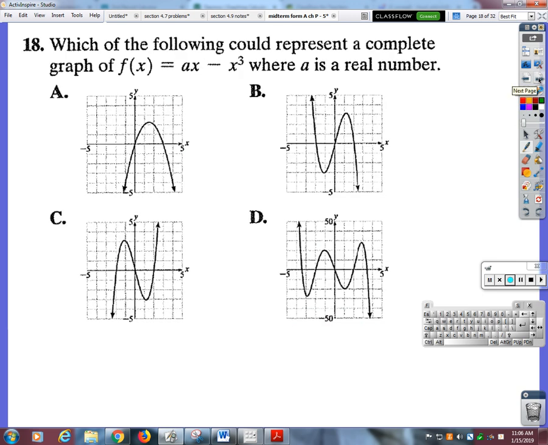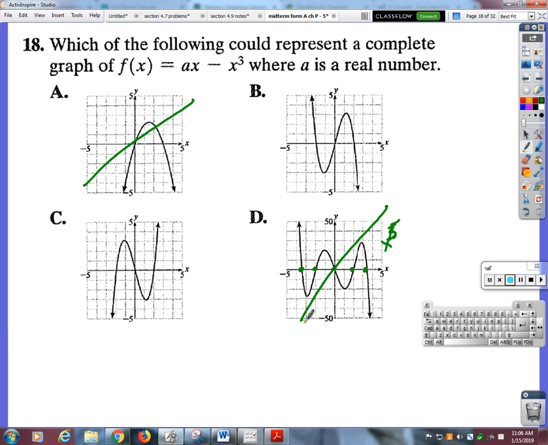Okay, number 18. Which of the following could represent a complete graph of f of x equals ax minus x cubed? Why is a no good? Because it's a parabola. Why is d no good? Because that is not what x cubed looks like. This thing is crossing the x-axis 1, 2, 3, 4, 5 times, so that means it's an x to the 5th. So this one is also out, okay?